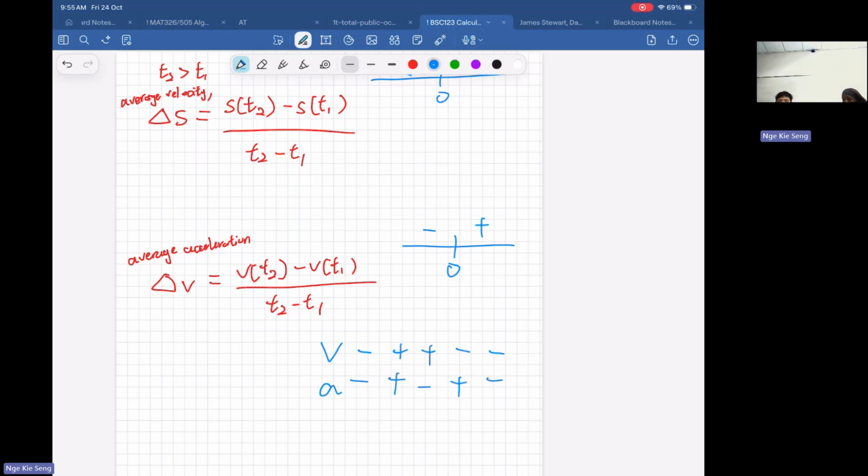If your velocity is moving to the right and your acceleration is also moving to the right, then you are speeding up to the right. But if you are moving to the right, but the change of velocity is moving to the left, you want to run, but your change is going to the other side, so it slows down, right? And if your velocity is going to the left, but your acceleration is going to the right, then you will slow down your velocity.